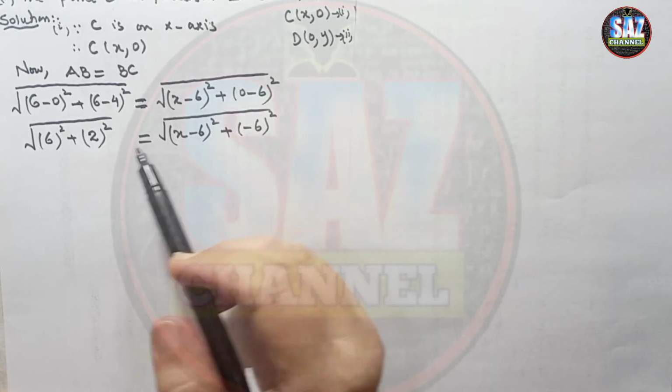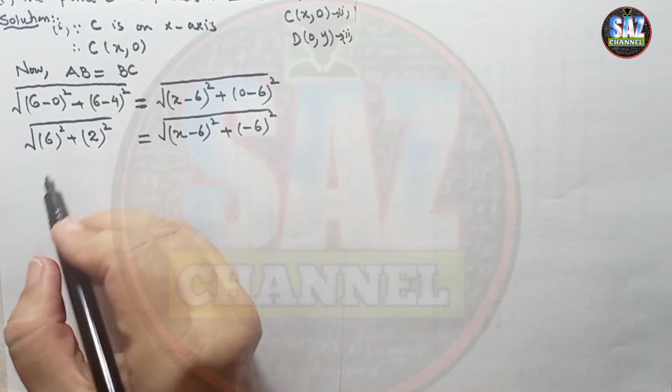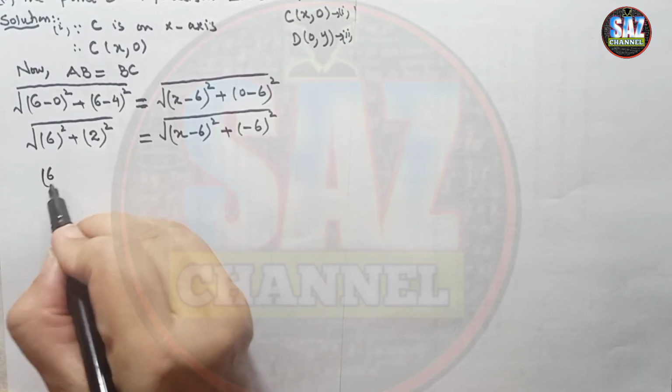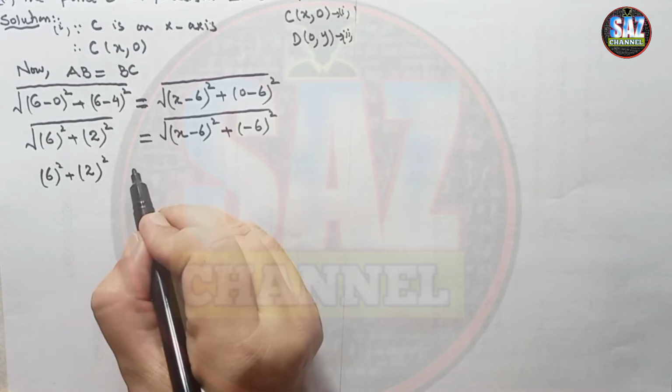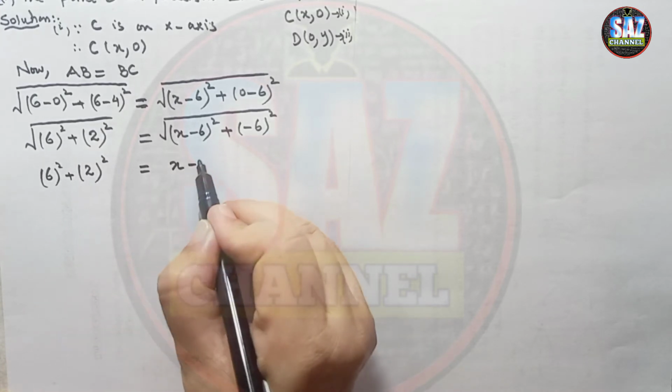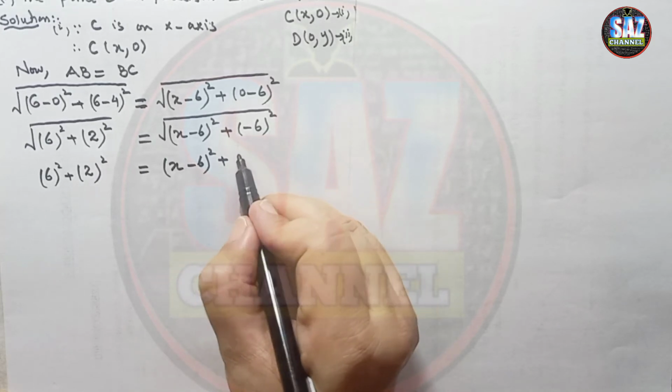Okay, now by taking the square on both sides, I can remove this square root symbol, and I will be left with 6 square plus 2 square equals x minus 6 whole square plus minus 6 square.